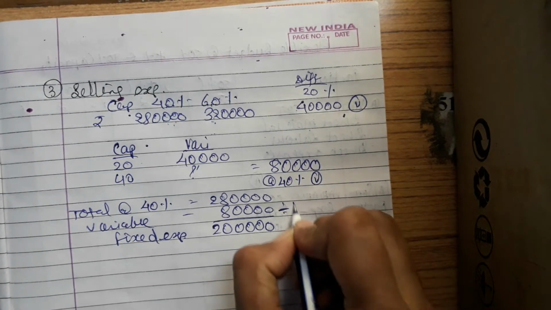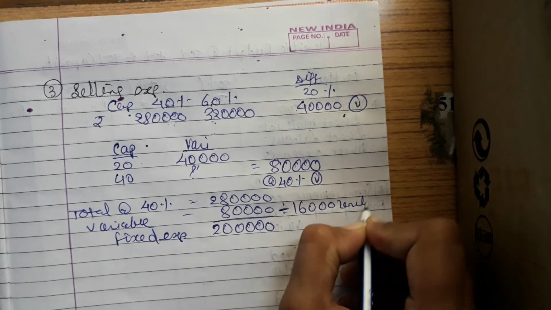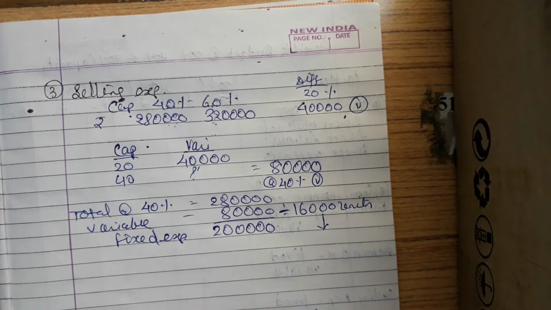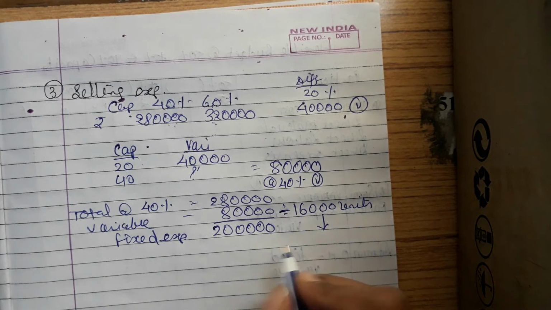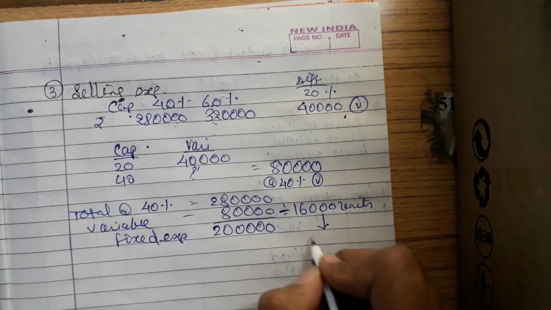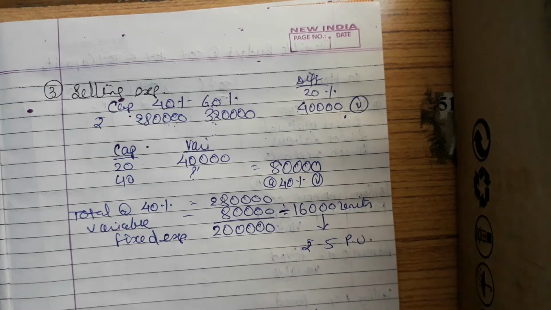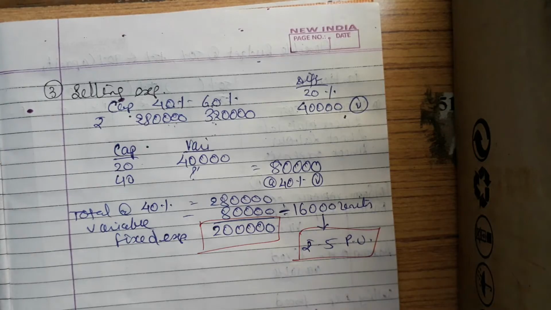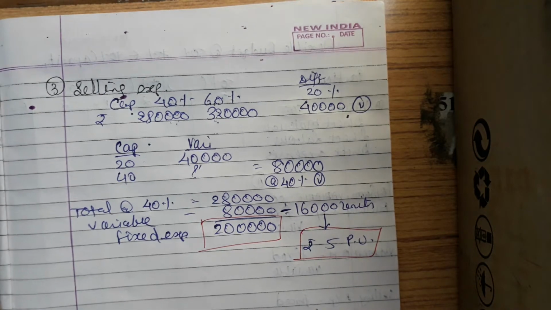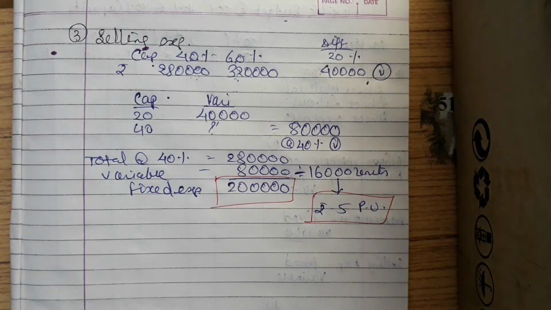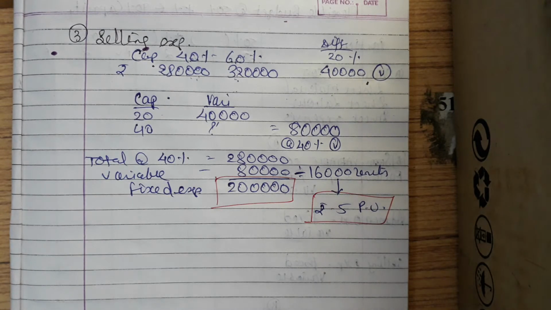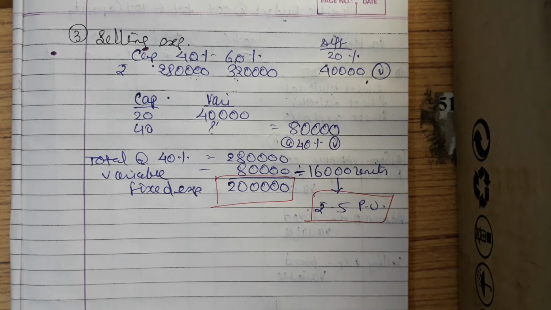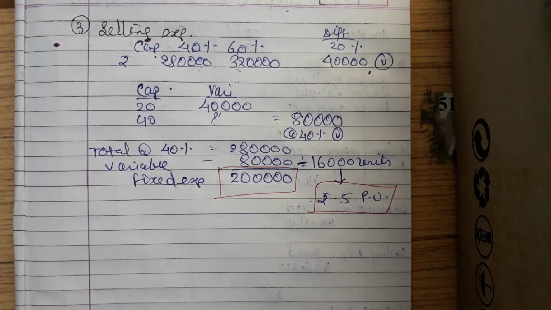And this divided by 16,000 units is rupees 5 per unit. So this too represents my guideline: fixed expense 2 lakhs and rupees 5 per unit variable for all the cases, right? As there is no increase and no decrease in variable as well as fixed expense, so this too will be posted like this only.